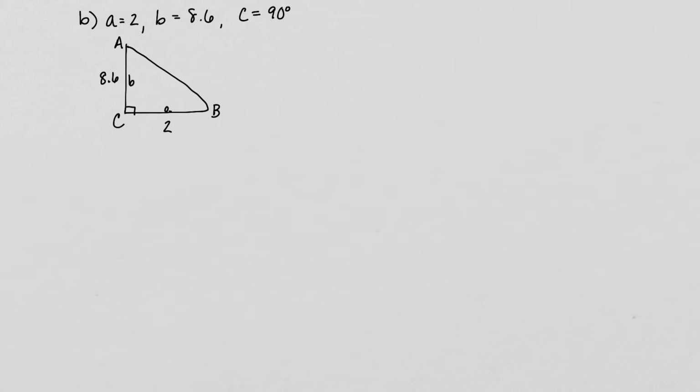And so we need to find side little c, and then we also need to find angle A and angle B. So, any ideas on what we could try here? I'm happy to entertain any ideas. How to find one of the angles, or how to find side C.